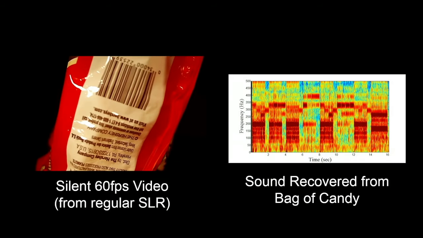So here's an experiment we did where we filmed a bag of candy while a nearby loudspeaker played the same Mary Had a Little Lamb music from before. But this time, we used just a regular store-bought camera. And so in a second, I'll play for you the sound that we recovered. And it's going to sound distorted this time. But listen and see if you can still recognize the music.